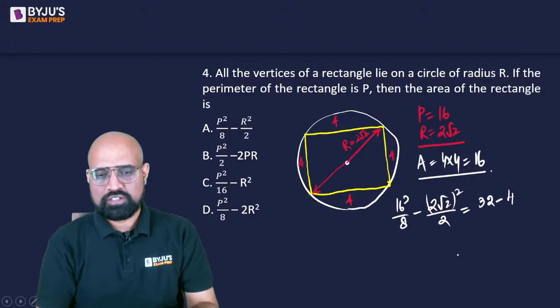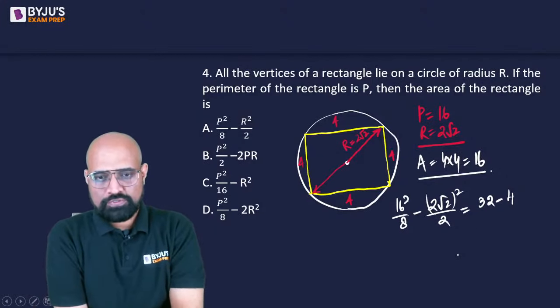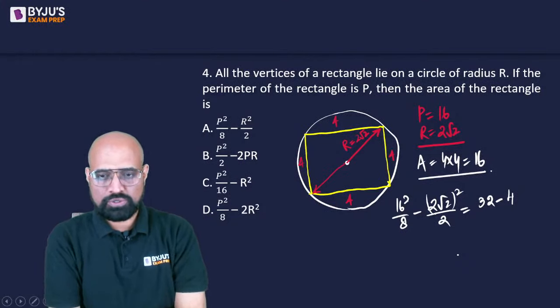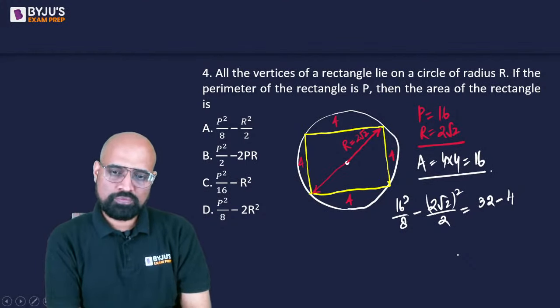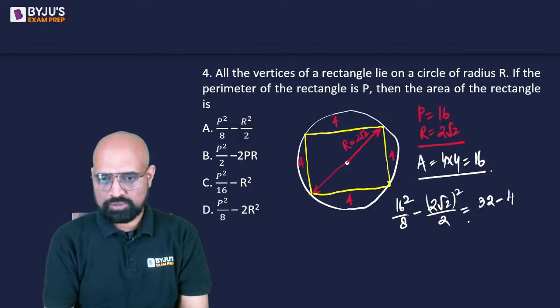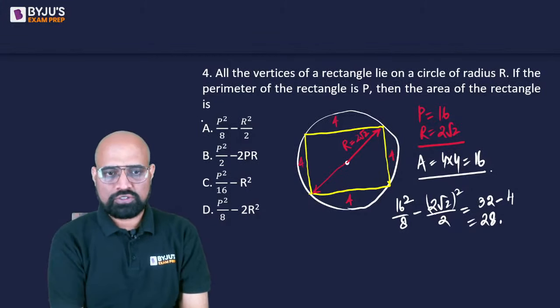We need 16, right? The side was 4 and the diagonal 4 root 2, so this gives 2 root 2. 8 by 2, 4, 16 into 2, 32. Okay, so there is no calculation mistake. So this is 28. So this is not our answer.